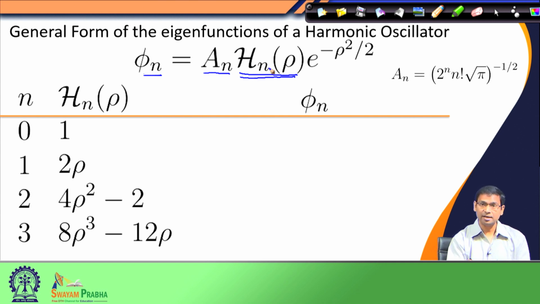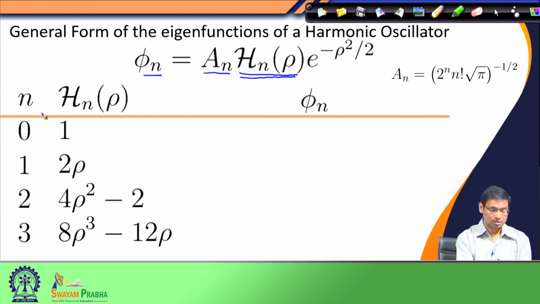So, in this case H n is the nth order Hermite polynomial in the coordinate rho. This H n comes when you apply this step up operator, rho minus d by d rho, to the power n on e to the power minus rho square by 2; you would actually get Hermite polynomials.